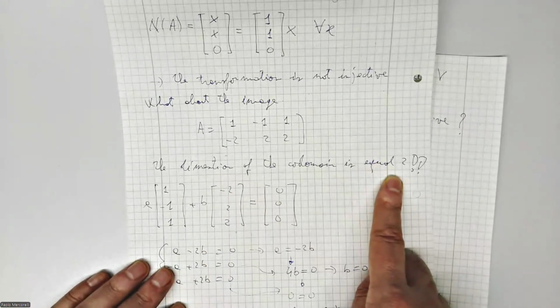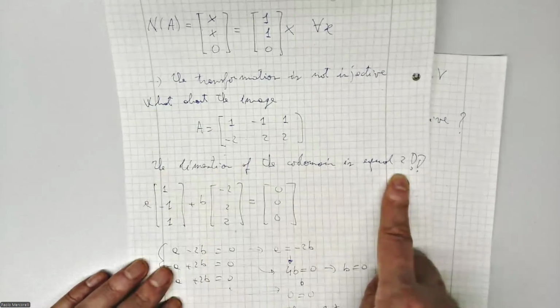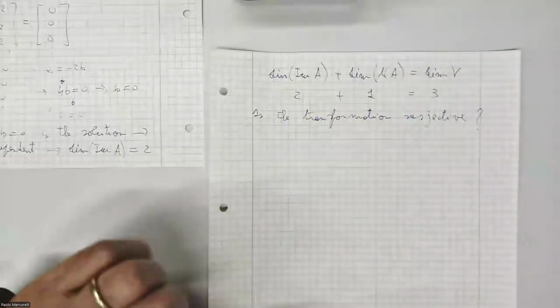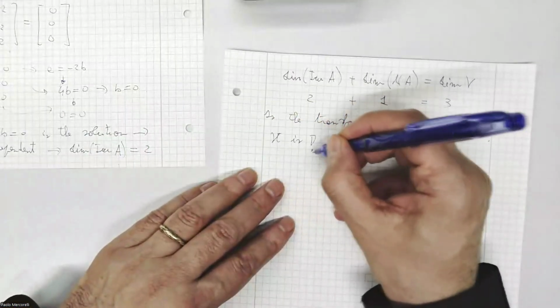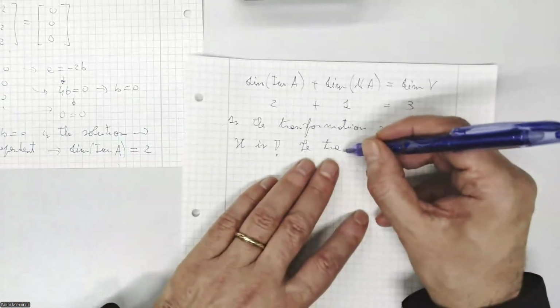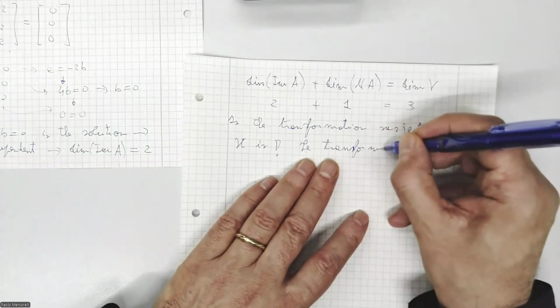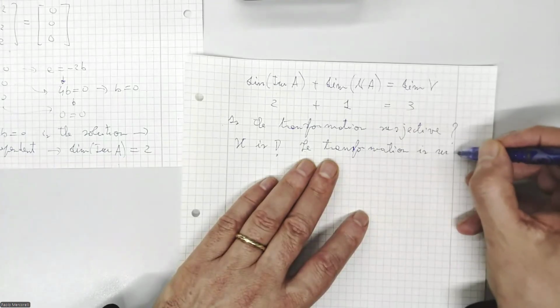This means, is this transformation also surjective? Please pay attention. Is the transformation also surjective? In the slide is wrong, huh? I know what is the error in the slide. The transformation is surjective.